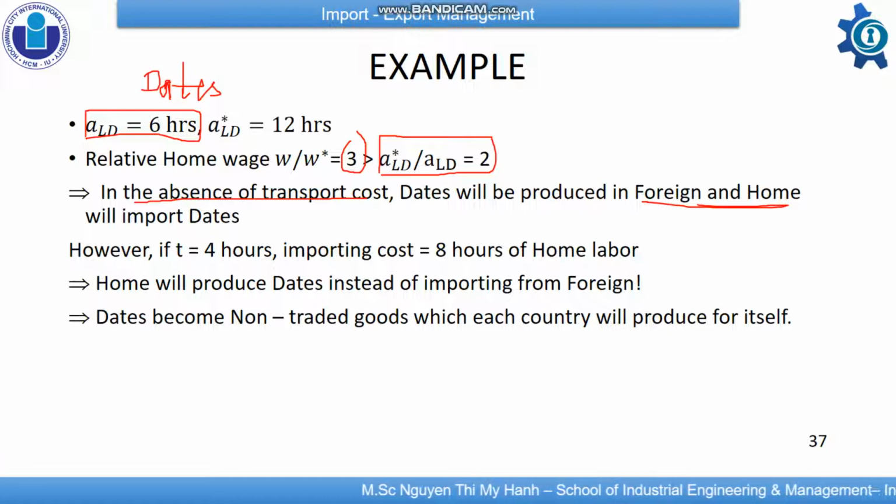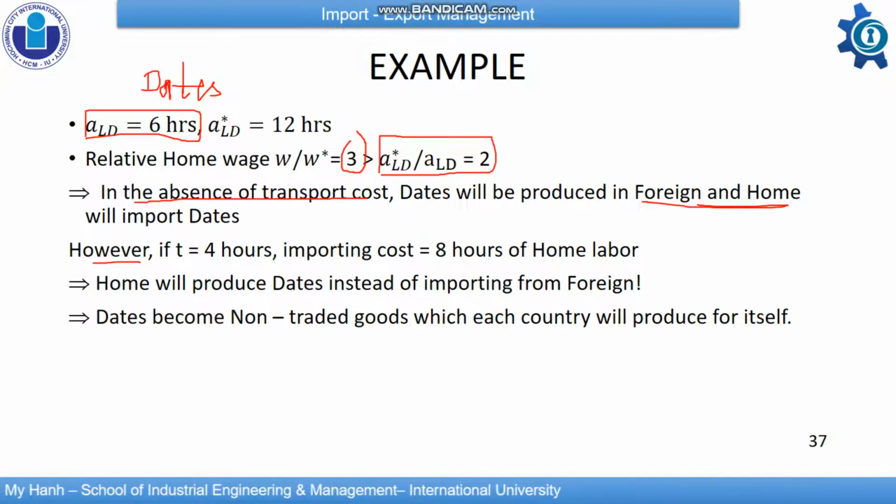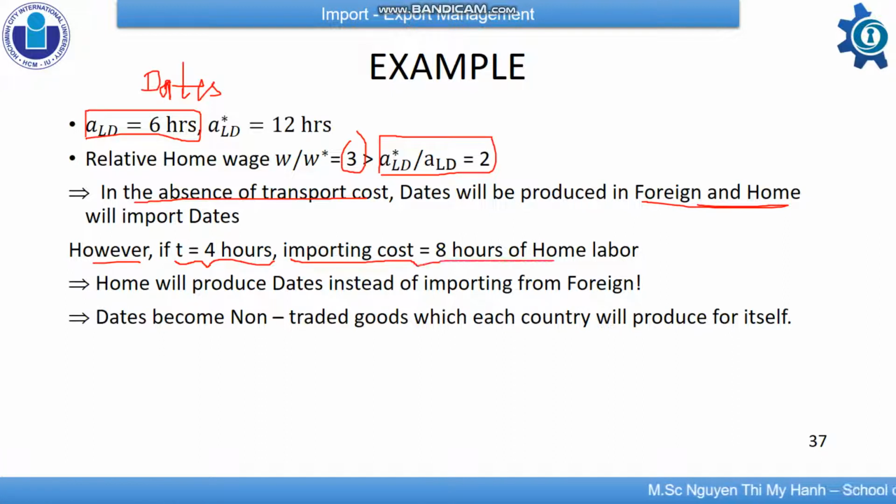We learned it before. Now if we consider the transportation cost, and we assume that the transportation cost is equal to 4 hours, and the importing cost is equal to 8 hours of home country.